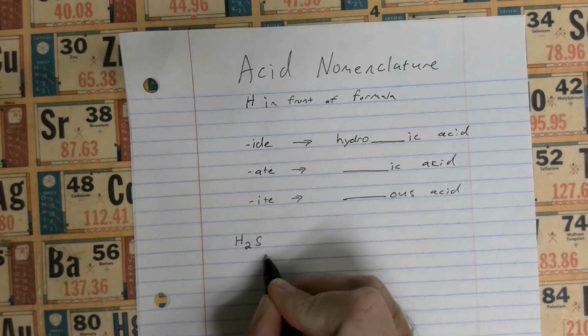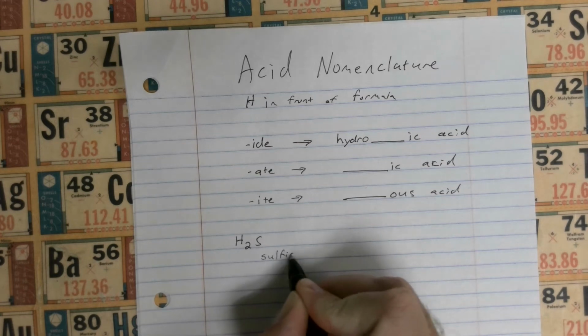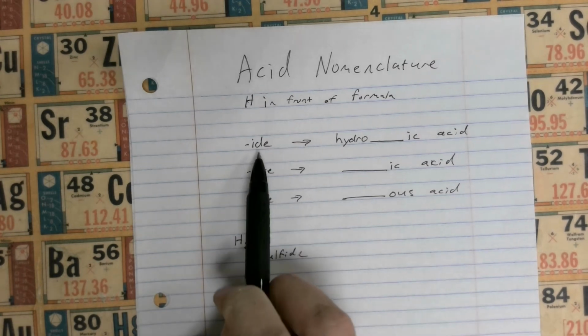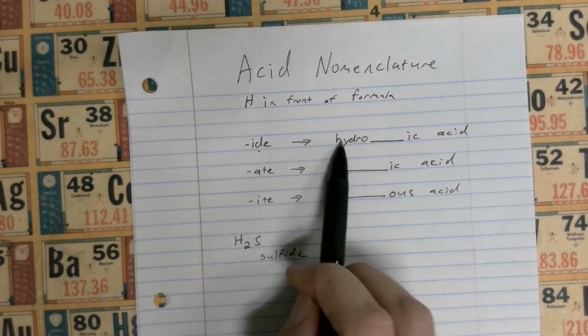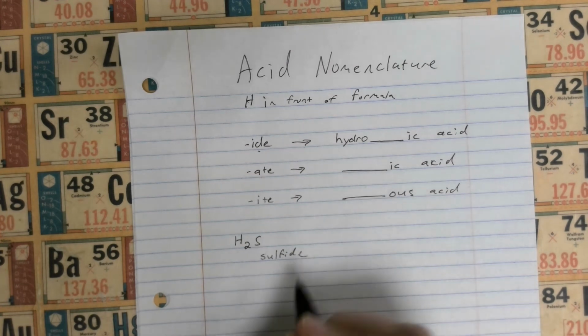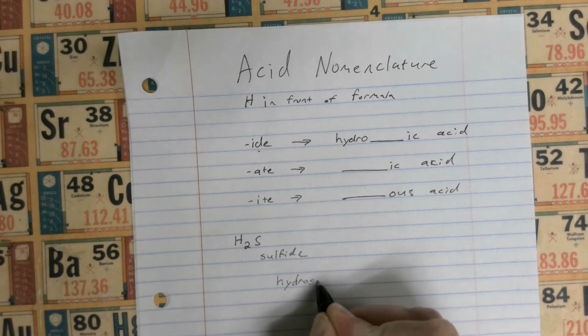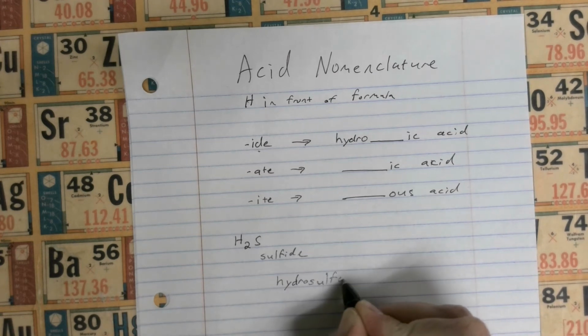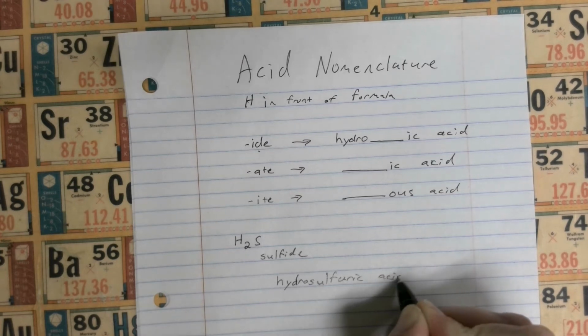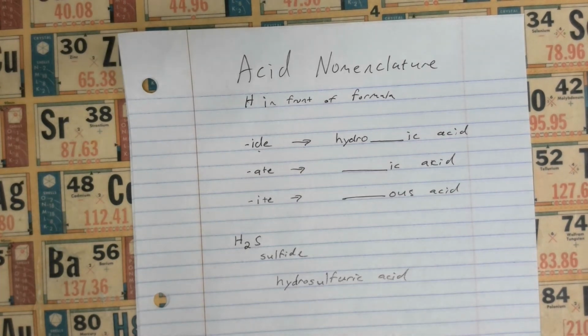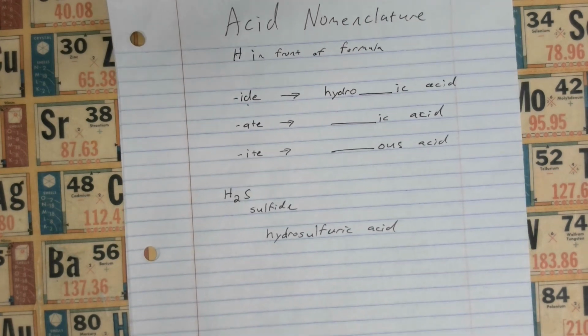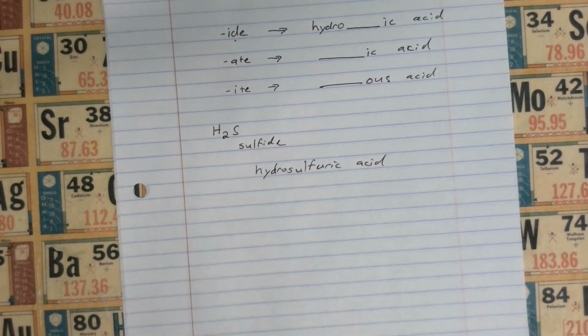So I look back up here: if it's "ide," then it's going to be hydro blank ic acid. So hydro, and since this is sulfide, it's going to be hydrosulfuric acid.